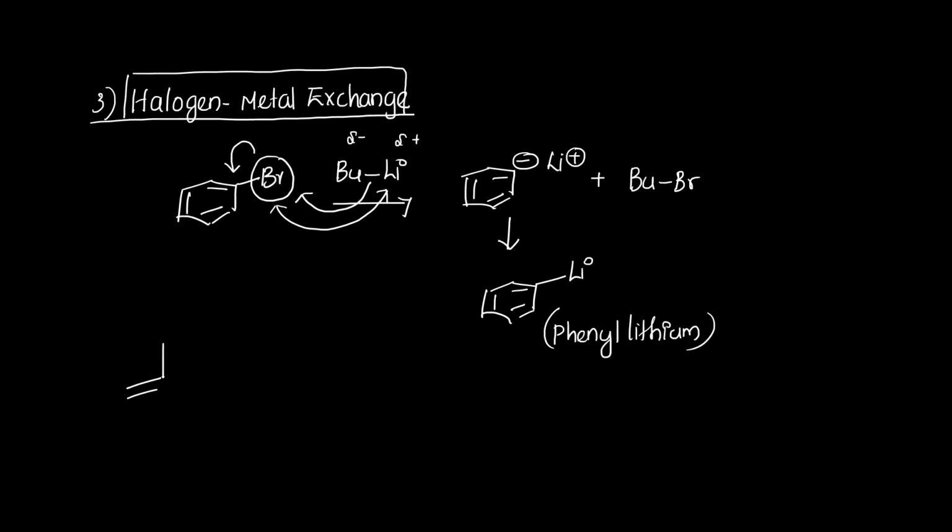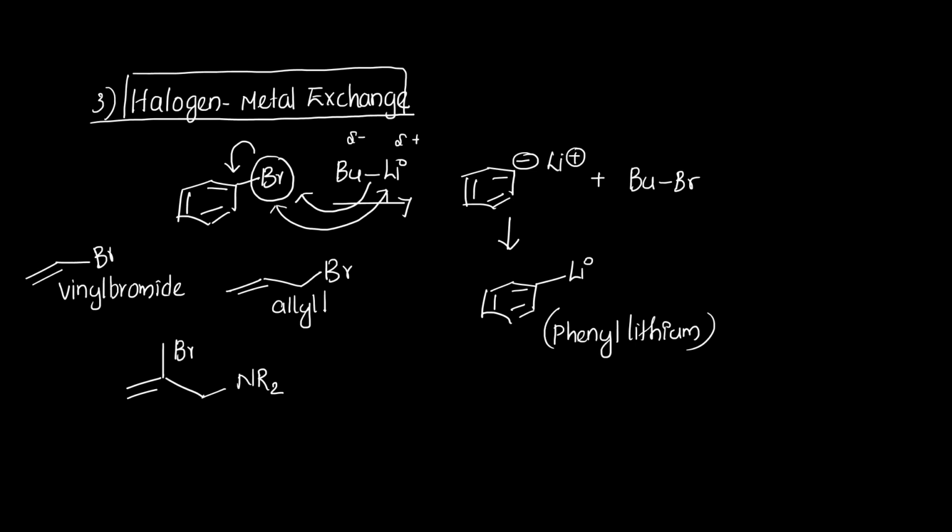So here I am taking a vinyl bromide. So this is the vinyl bromide. So if the bromide is attached directly to the double bond, we call it a vinyl bromide. And if it is attached like this, we call it an allyl bromide. So here it is directly attached to the double bond, so we can call it a vinyl bromide, right?